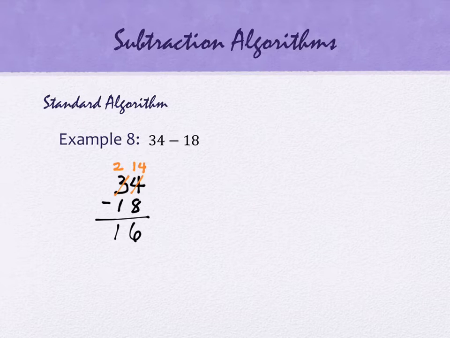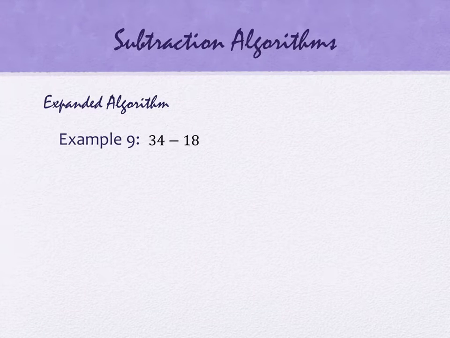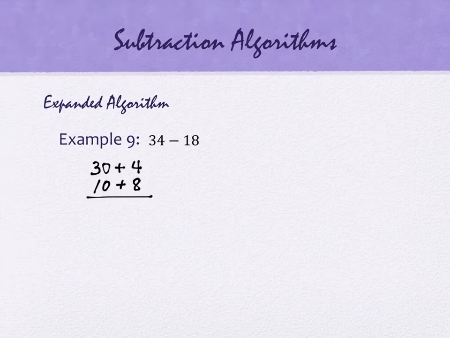Now the expanded algorithm, excuse me, again, is a kind of a combination of these two ideas. In taking the 34 and breaking it into, well, I'll write it out the first way I did before, 30 plus 4, and then the 18 into 10 plus 8. Now you do have to recognize that you are subtracting, so the problem when I subtract is I can't do 4 minus 8. Okay? 30 minus 10 is totally fine.